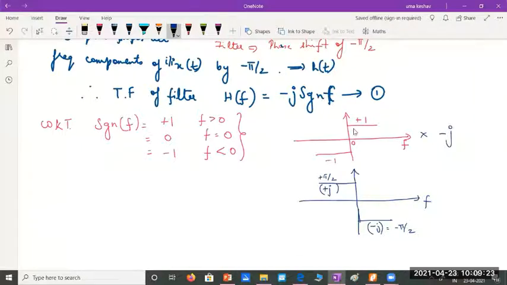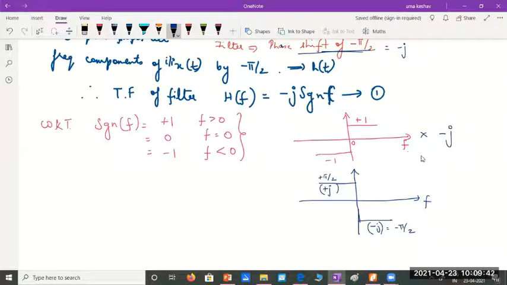So you're taking a signum function and multiplying it with -j. Why are we multiplying with -j? Because I want a phase shift of -pi/2. -j indicates -pi/2. Please remember that.